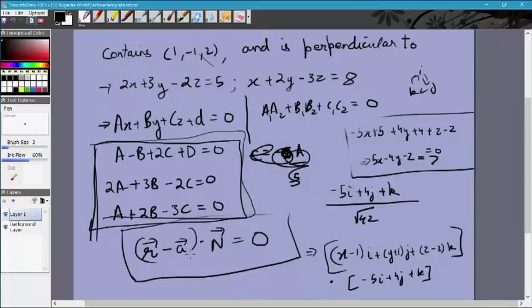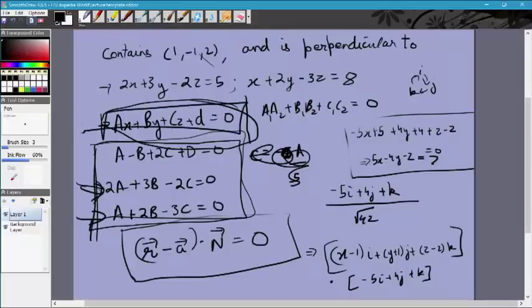Or even better, if you have an objective choice question with 4 options, you can just put in the 4 options and see which one of them satisfies these 2 equations, right? So this is what is really good about planes as opposed to lines. Lines have a lot of parameters. For planes you have 3 basic parameters, or in this case 4 with the ratios, and you can just assume this to be the equation of a plane and just put in the values.